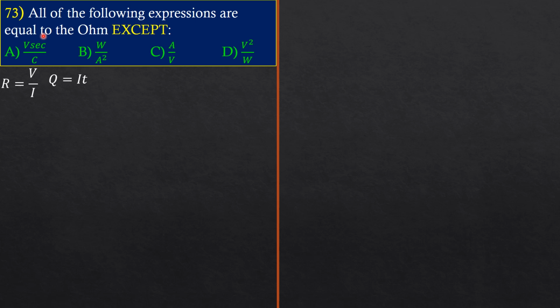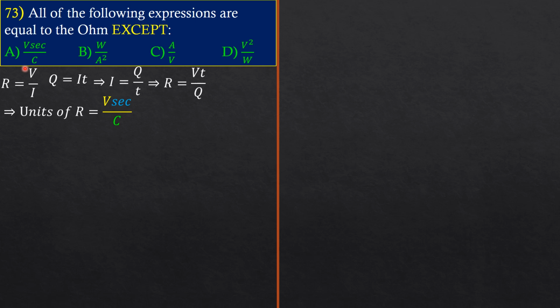It therefore means that our I becomes Q over T, right? As such, if we substitute back into R, we have R equal to Vt over Q. The unit of voltage is the volt, the unit of time is the second, and the unit of Q is the coulomb. So we have V second over coulomb. So option A is among them.